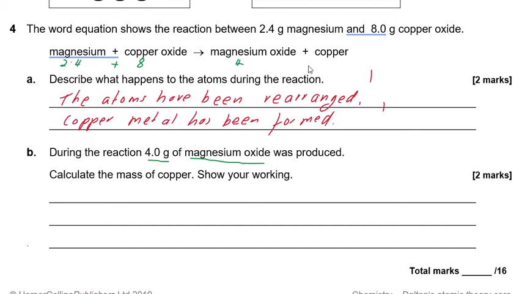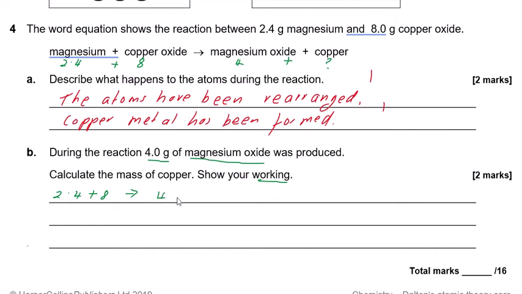Now, like an equation in maths, this is the bit that we don't know. Okay, this is the bit that we don't know. So we can put this as a question mark. Okay, so now we can do this bit. We can show your working. Okay, so 2.4 plus 8 will give you 4 plus something.